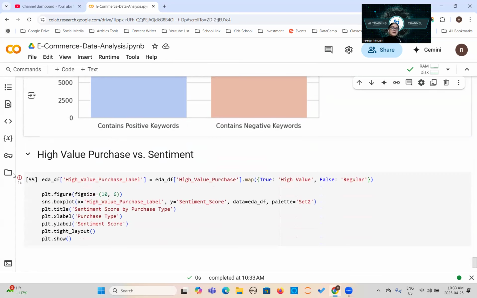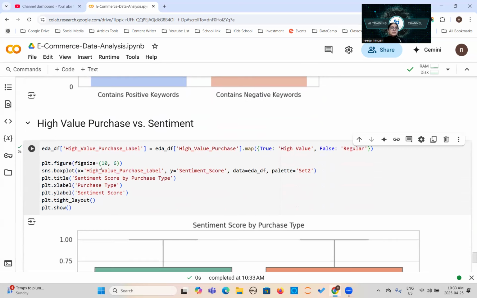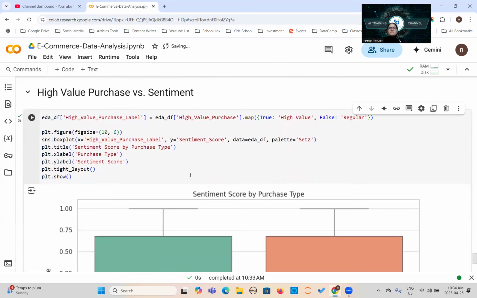Okay, now this is the last and most important analysis too: high value purchase versus sentiment. In this, how many people are purchasing the most expensive things, the high value purchases, like $1,000 or 1,000 rupees, versus the regular ones, because our records contain this maximum value.